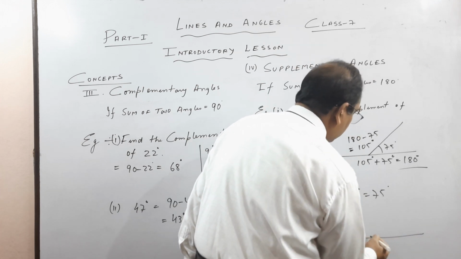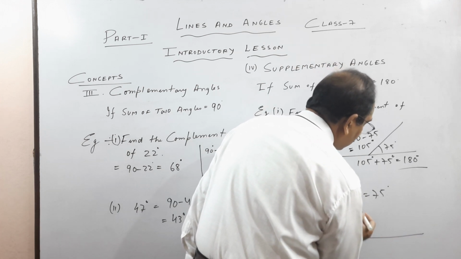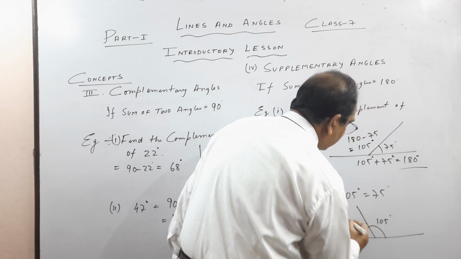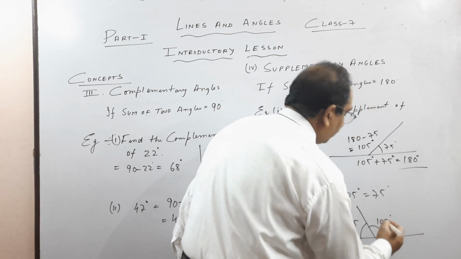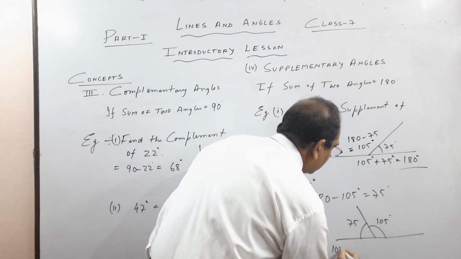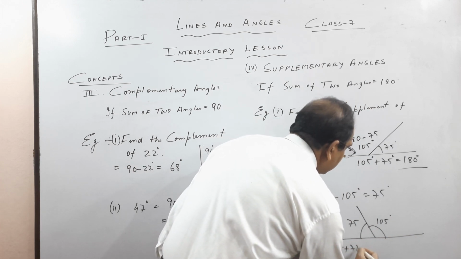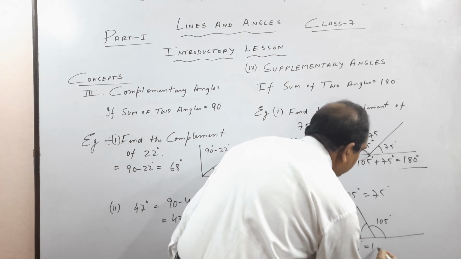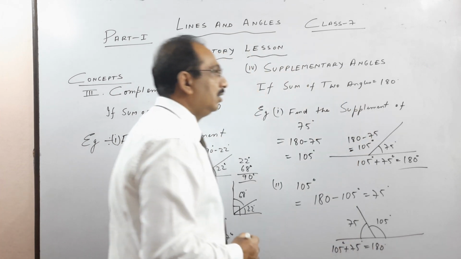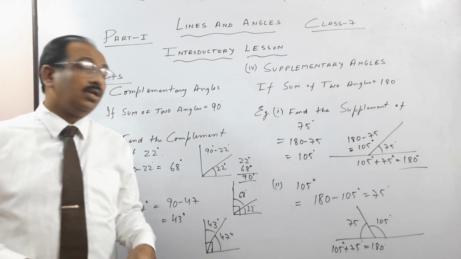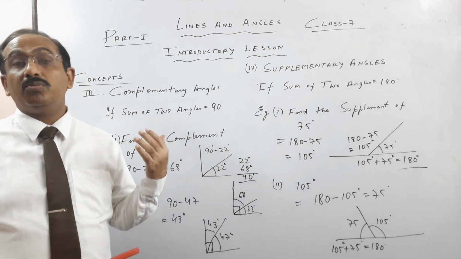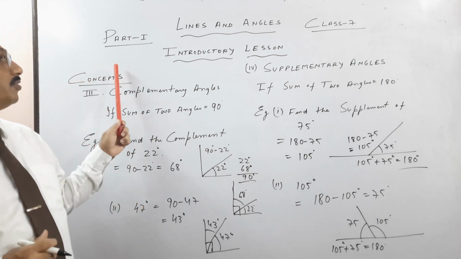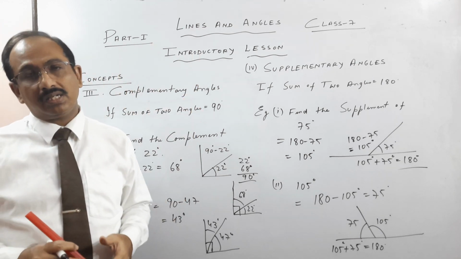If you want to show it diagrammatically, children, if this is 105 degrees, the other will be 75, and if you add these two angles in degrees, we will get 180 degrees. Okay, so kindly pause the video and copy, then we will move on to some more very important concepts from the lesson lines and angles.